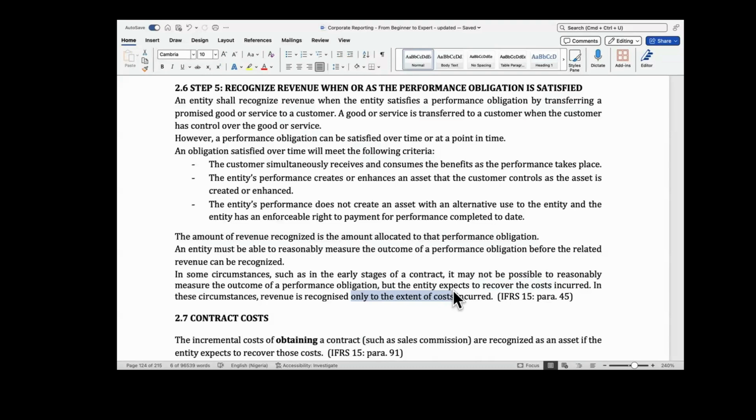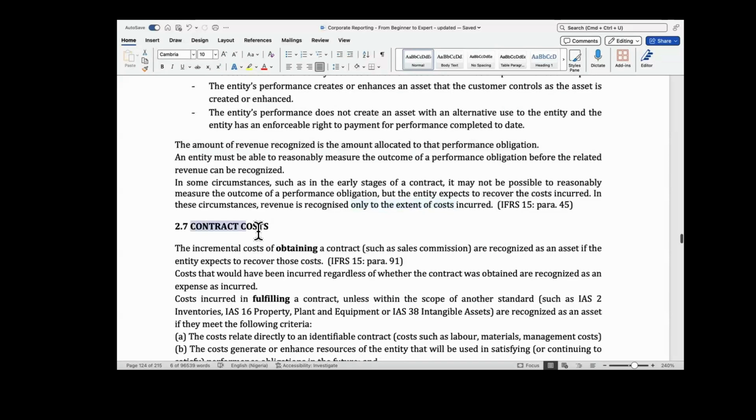So talking about costs incurred, then that takes us to contract costs. So contract cost is the cost of obtaining a contract, like commission. So when you incur some costs in obtaining a contract, and you are sure that you recover those costs, then you can recognize that kind of cost as an asset.